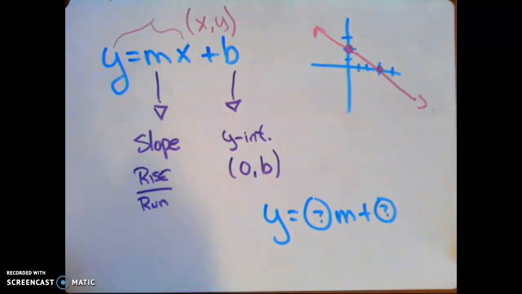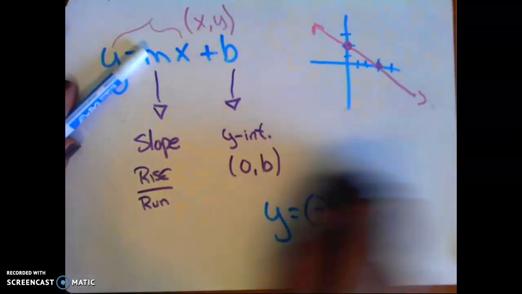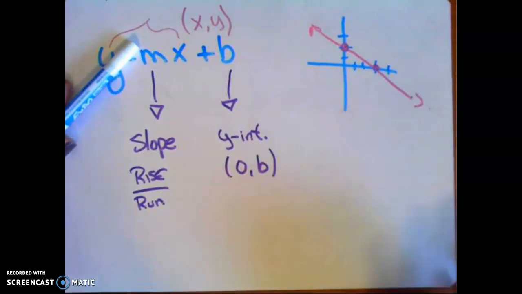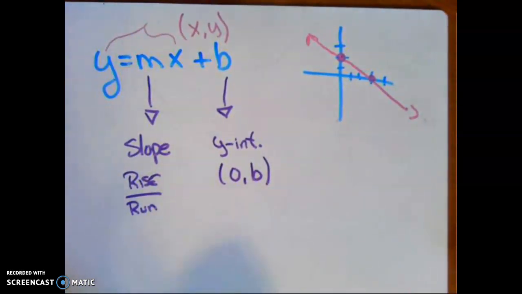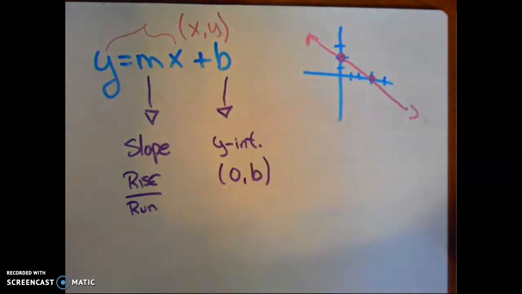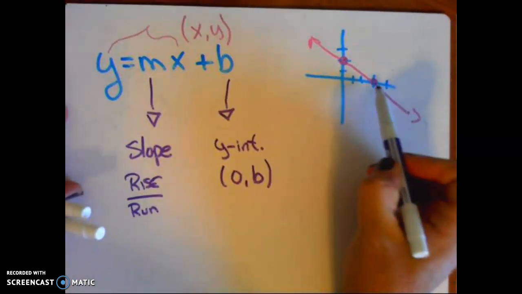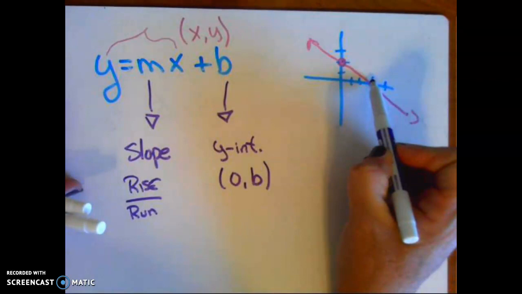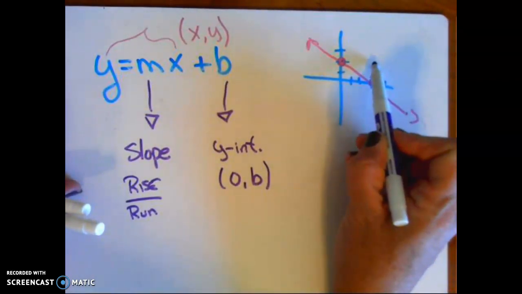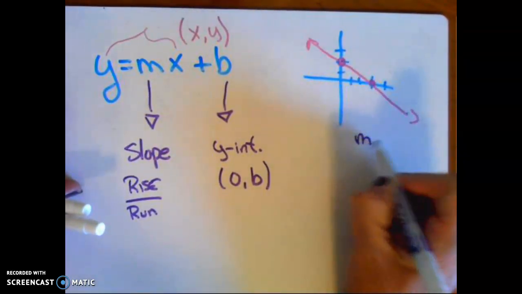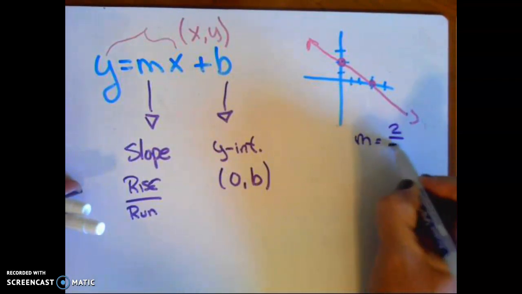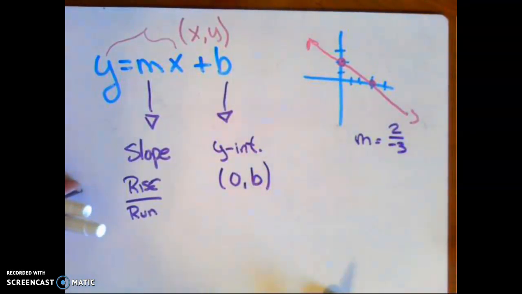So if you are given a graph like we are with this one right here, the easy way to go ahead and write the equation out is just by counting our slope. So if I start at this point and go rise over run, I'm rising 2 and I am running -3. So 2 over -3 is my slope.